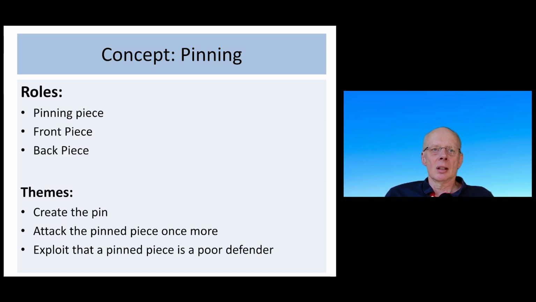So normally it's like, is there a pinned piece? What is the pinned piece defending in terms of squares or in terms of other pieces? And is it beneficial to attack a piece that is defended by the pinned piece, or to go to a square that seems unavailable but is available because of the pinned piece. So the third one is very crucial.